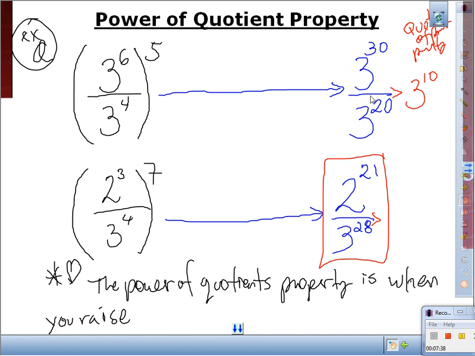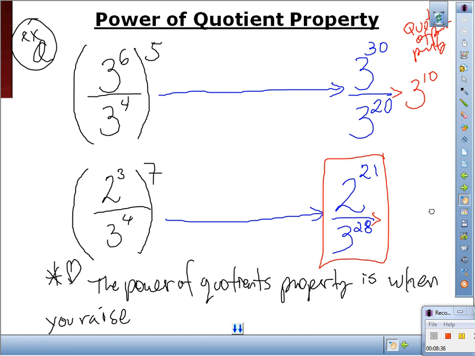Who sees it? Yes. Not the property, but this is called what? Quotient of powers. We use the quotient of powers property to do the next step. So what is this called, everyone? Quotient of powers.